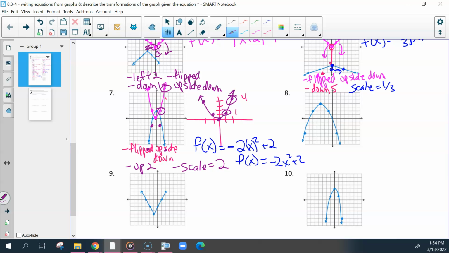Let's figure out what happened to it first. It was flipped upside down. This has been moved to the left 3 and up 4. And it was stretched, or compressed, by some scale.